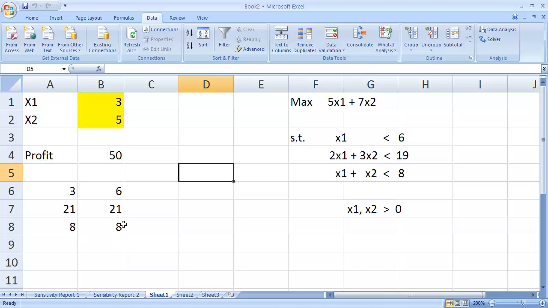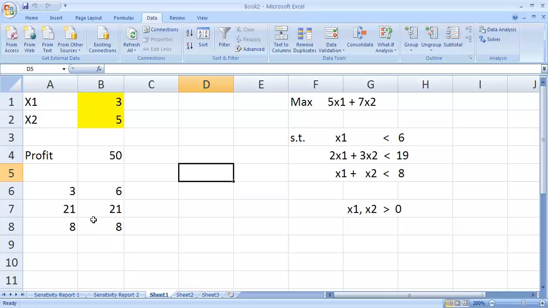Now that won't keep going indefinitely. It won't keep raising by 2 indefinitely, because eventually another constraint will become the binding constraint. In other words, if you kept giving that employee more hours, eventually you'd run out of materials. Does that make sense? You're going to have to increase all of your resources at some point.